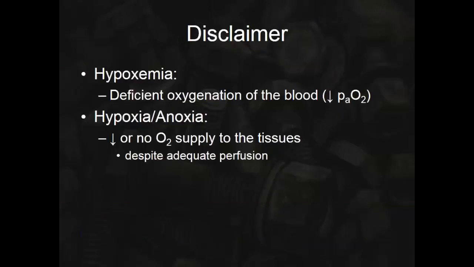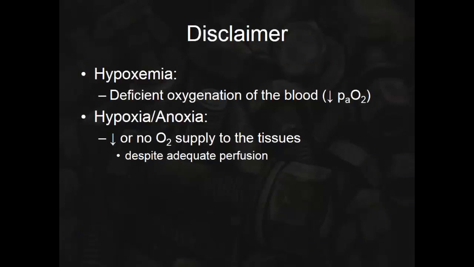Okay, so just a couple of clarifications. I'm going to use hypoxemia and hypoxia interchangeably, although the word hypoxemia specifically refers to low diffused oxygen in the blood, or low total oxygen content in the blood.